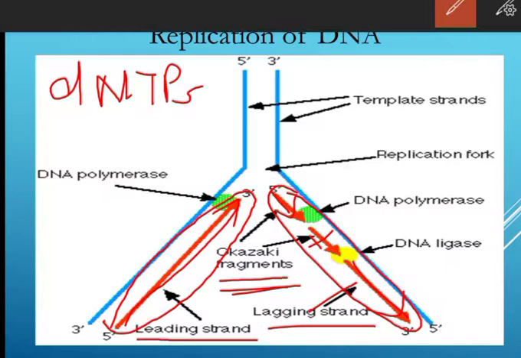The DNA polymerases cannot initiate the replication process on their own. Also, the replication does not initiate randomly anywhere in DNA. It begins at a definite region in an Escherichia coli DNA molecule known as the origin of replication, also known as ORI, which has a recognition site for DNA polymerase and also provides a site for attachment of RNA primer.